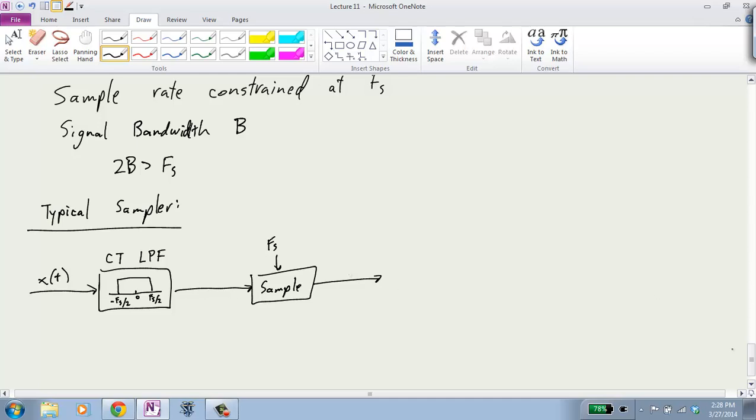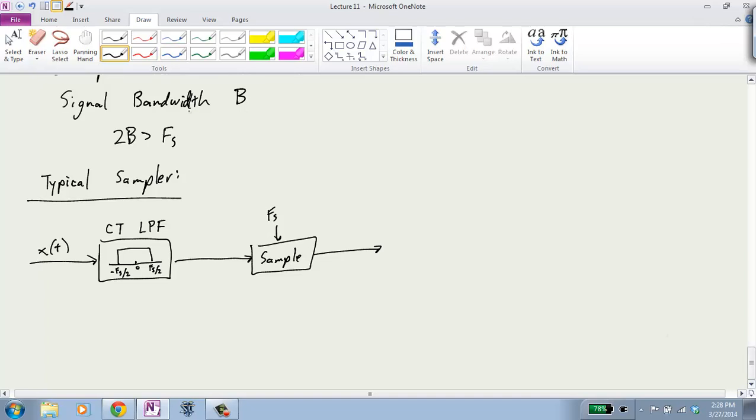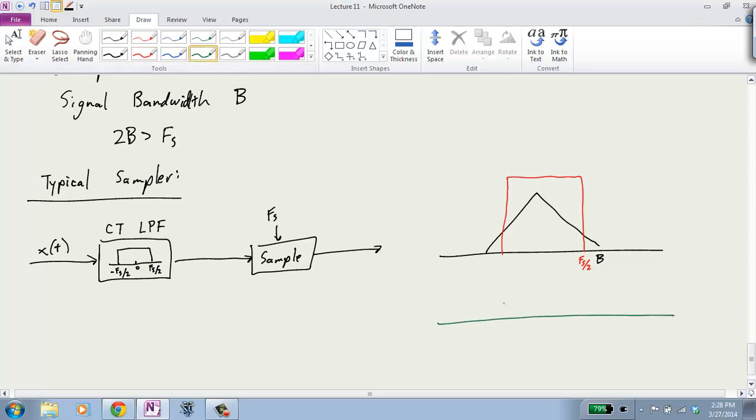So what happens in this case is your signal was like this, went up to B, but what you actually did was you cut it off. You cut it off like this at Fs over 2. Okay, and then you have this new thing that looks like this.